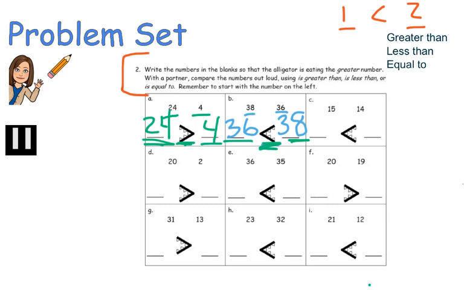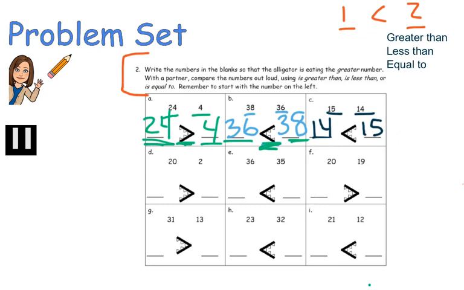Good. Let's do one more together, okay? We have 15 and 14. Which number is greater than? 15, very good. And 14 is on this side, less than. So now let's read it. We have to start on the left and go to the right.